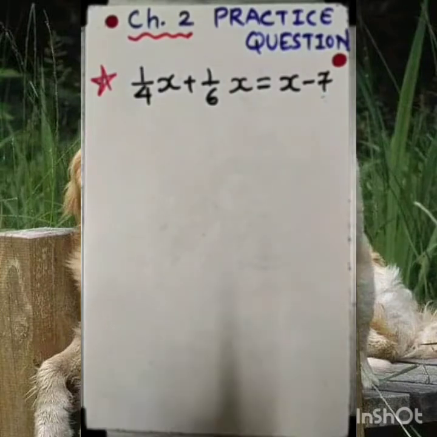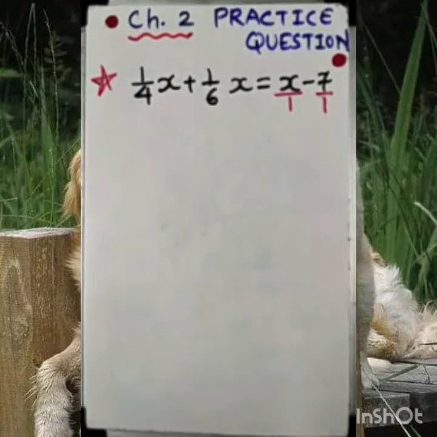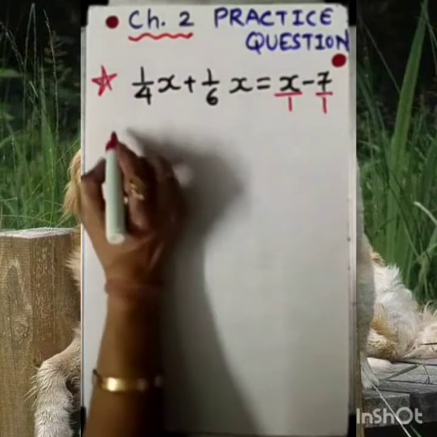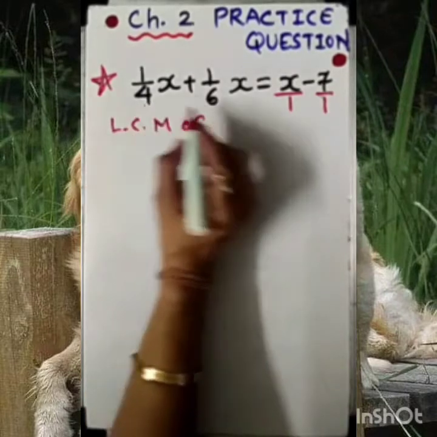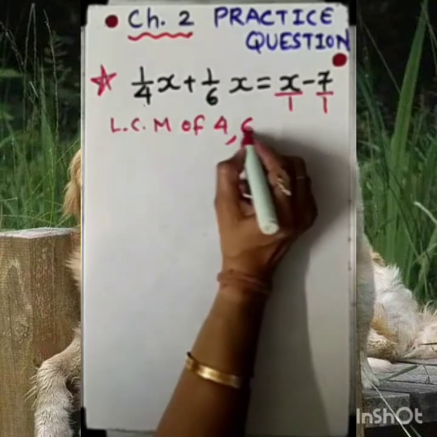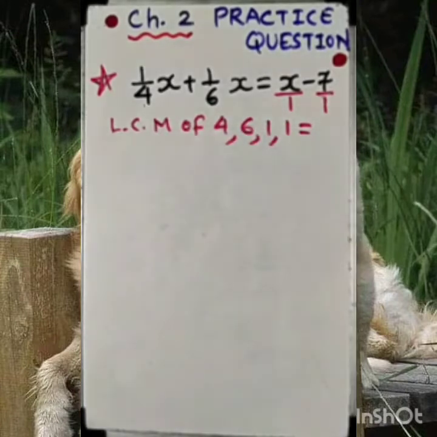If not, then simple: consider 1 as a denominator, and let's take the LCM of all four numbers, this 4, 6, and this 1 and this 1, because all of them are in the denominator. You know very well the LCM of 4, 6, 1, 1 is 12.